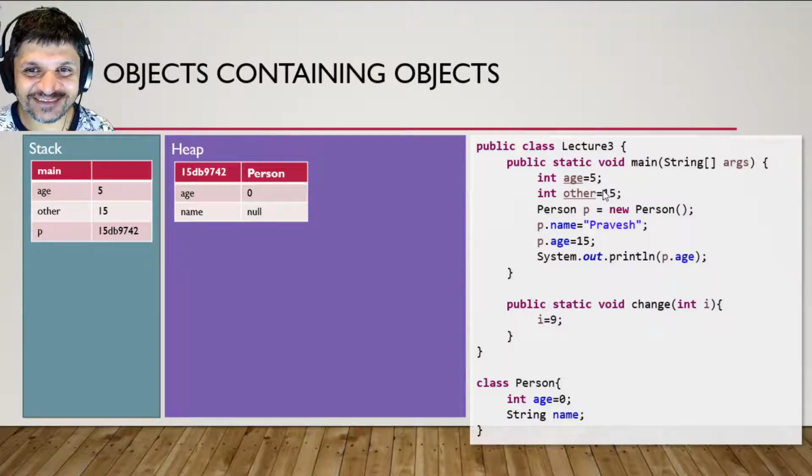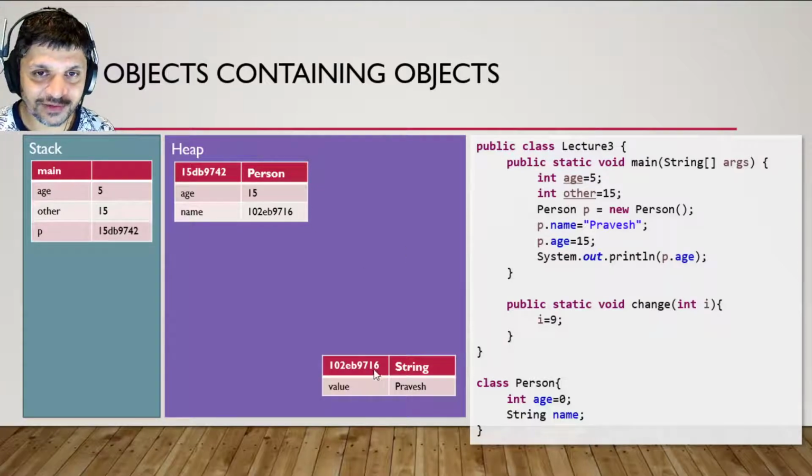the Pravesh string itself is an object, so that means it gets created somewhere in the heap, because objects get created in the heap. Let's say it gets created at position 102EB9716, yet again completely randomly. Then what that'll mean is that for p.name = Pravesh, p will follow into name, and that null will change to the memory address of the object.